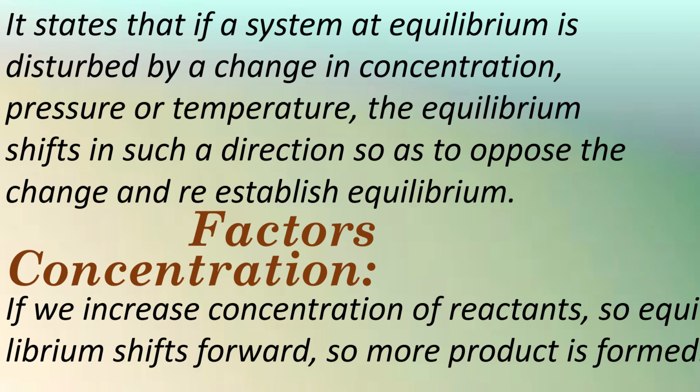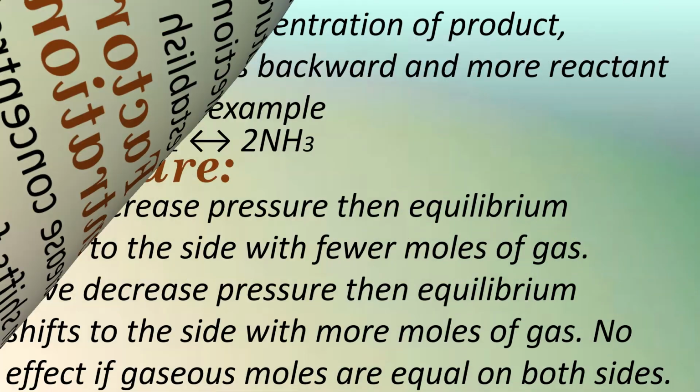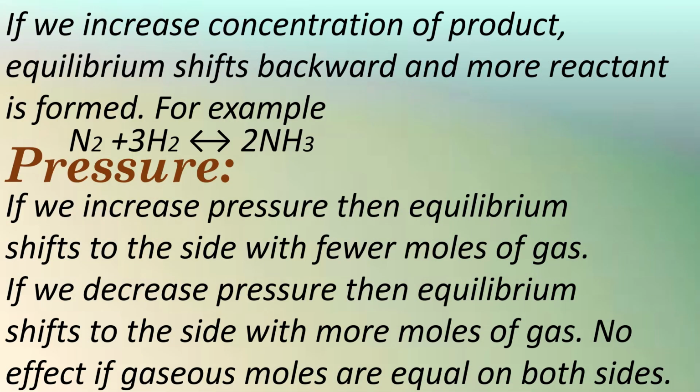If we increase the quantity of reactant in a reaction, the forward reaction occurs and more product is formed. If we increase concentration of product, equilibrium shifts backward and more reactant is formed. So, if we increase concentration of product, the backward reaction occurs and more reactant is formed.